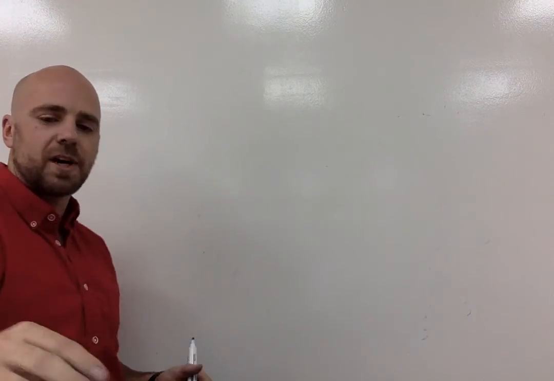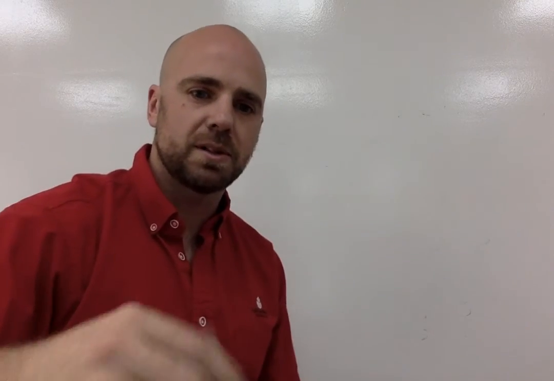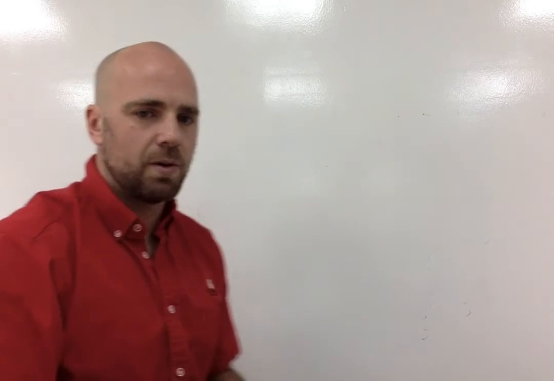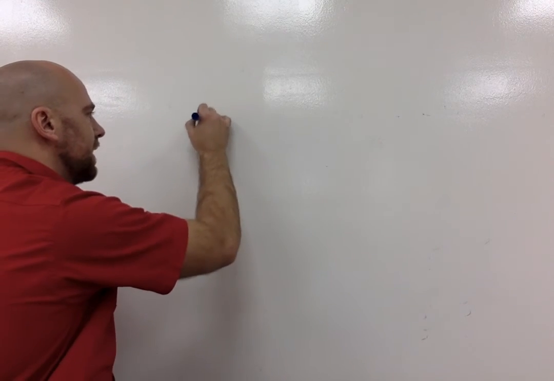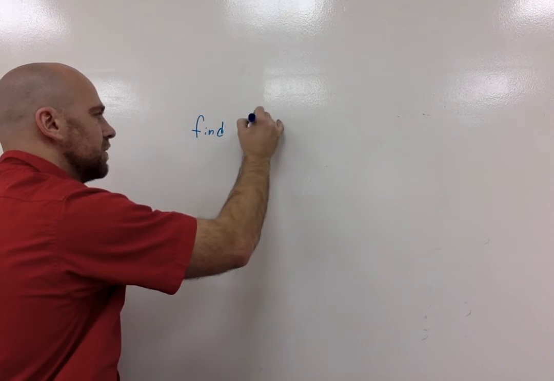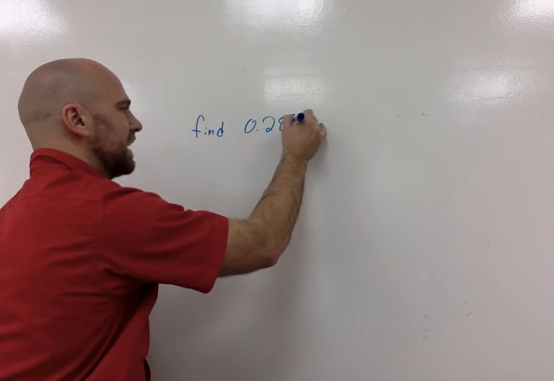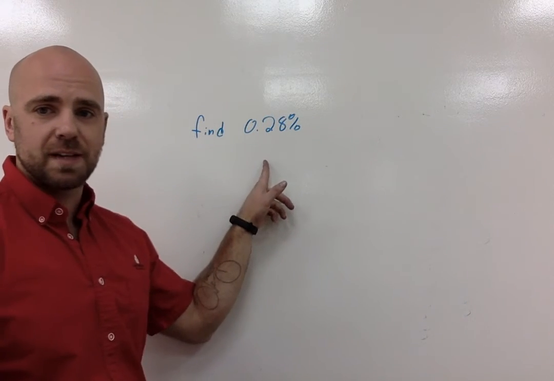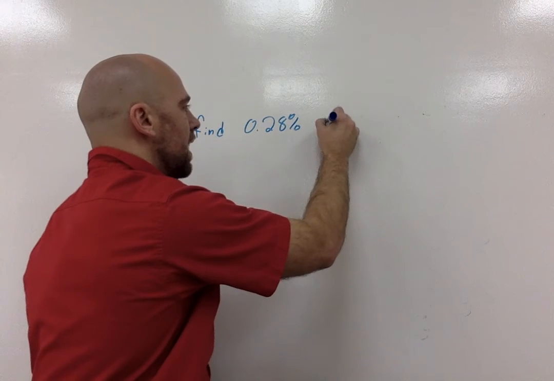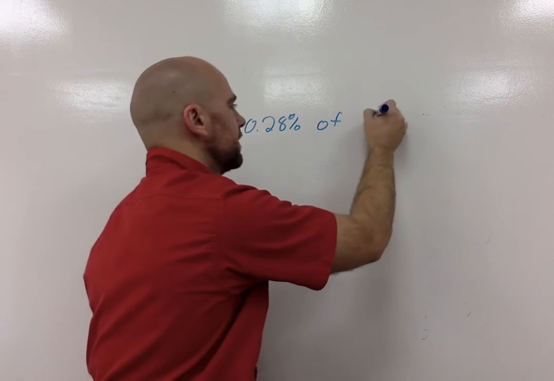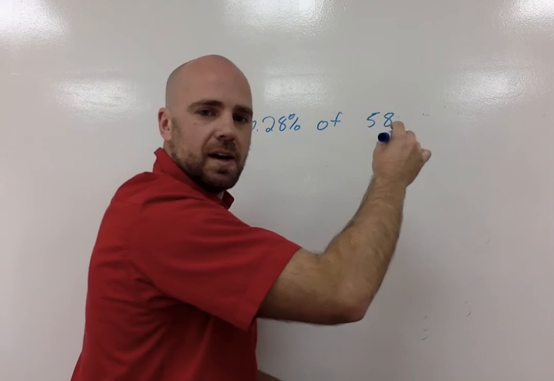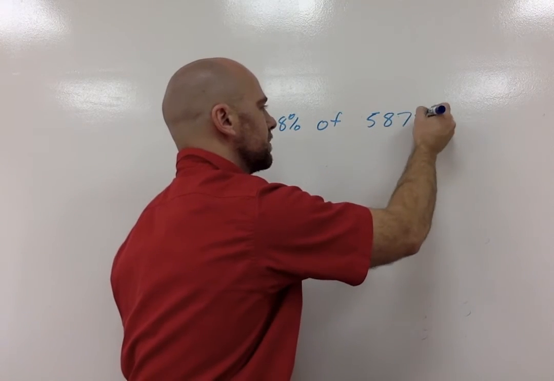When we're trying to find the percent of something, we want to multiply them together. Just to summarize, we're trying to find 0.28%, so this is less than 1%, of 58,782.